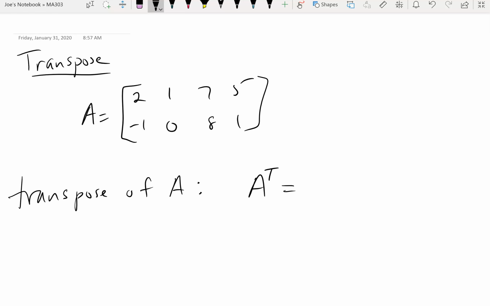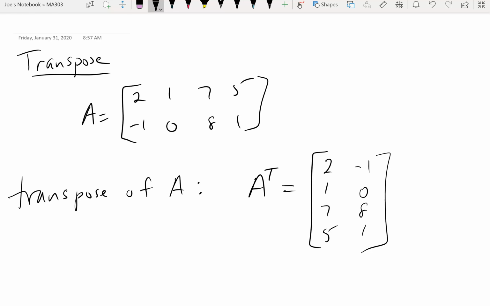Same kind of idea here. We're going to have rows and columns get flipped. So instead of 2175 being the first row, 2175 will be the first column. Instead of -1081 being the second row, -1081 will be the second column. That's it. That's how you do the transpose of a matrix.